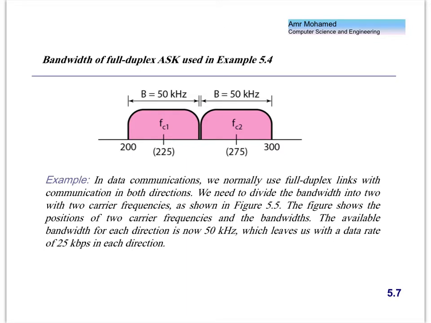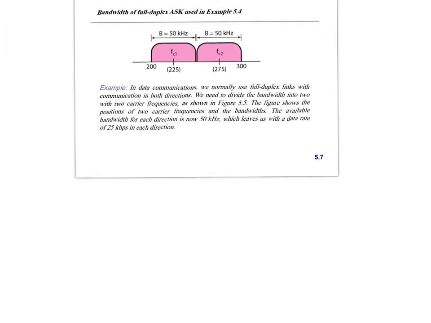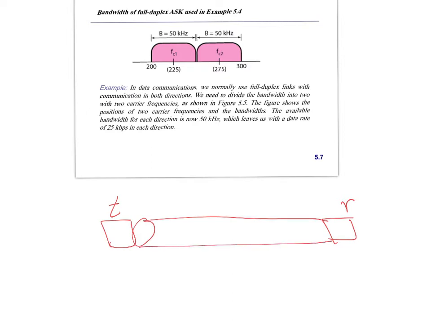So in Network 1 we have studied two types of communication between two points. If we have a transmitter and a receiver, and we have a transmission medium with a specific bandwidth, we can have two types of communication.